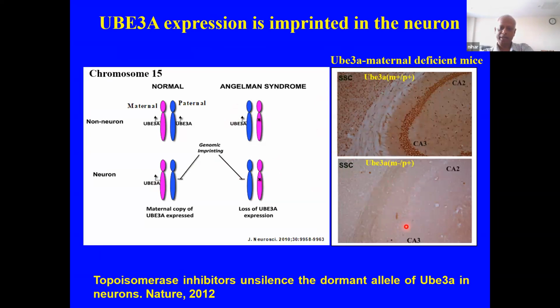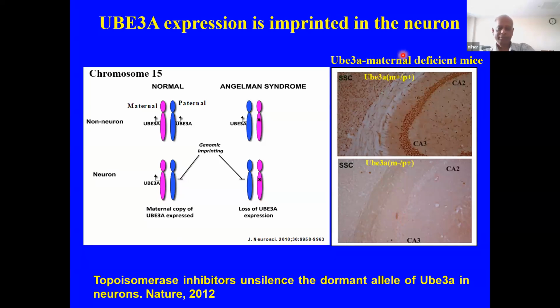But look at the bottom panel: the maternal copy is genetically knocked out. You have to understand the paternal copy is silenced and the maternal copy is genetically knocked out. That leads to complete absence of the expression of Ube3a in the neuron. I hope that's clear. So this is called Ube3a maternal deficient mice, right?